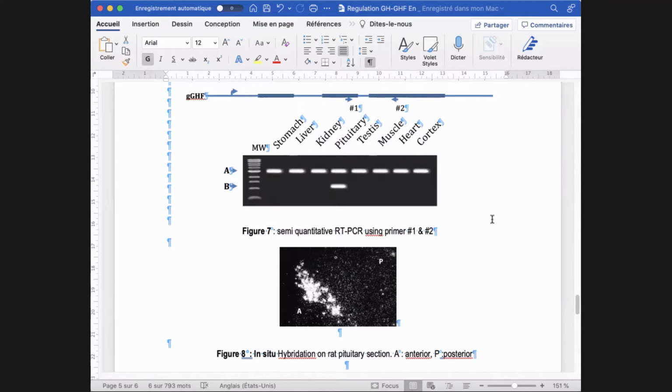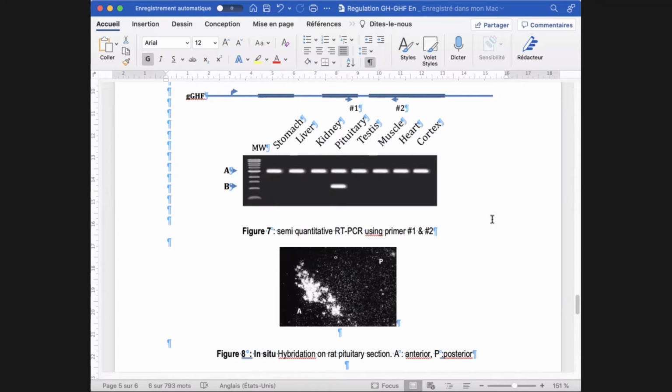The idea is that it's a method able to quantify the quantity of a specific RNA in one sample. The first step, obviously, is RNA extraction. RNA is extracted in different situations, different tissues, or at different times, depending on what we are looking for.